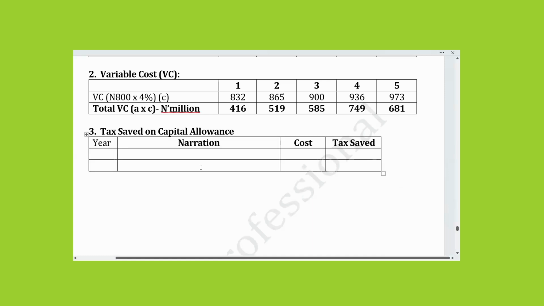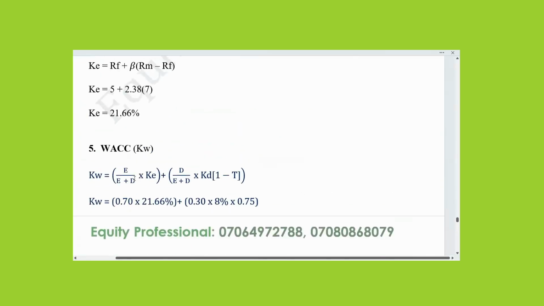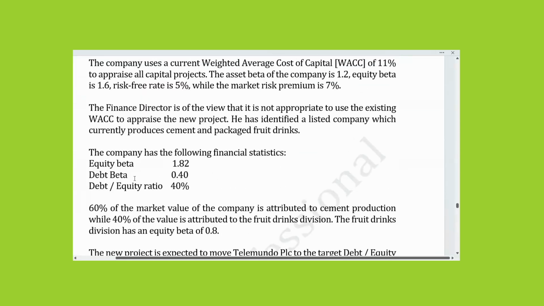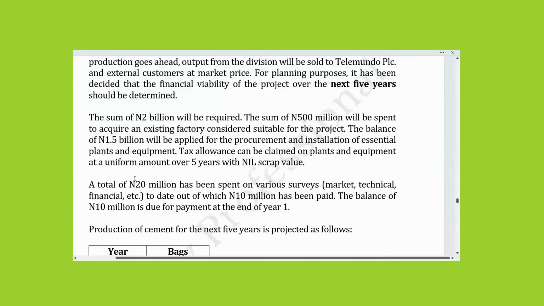So I need to go back to the question and check how I am going to claim my capital allowance. According to the question, we are told that 2 billion naira will be required for this project.